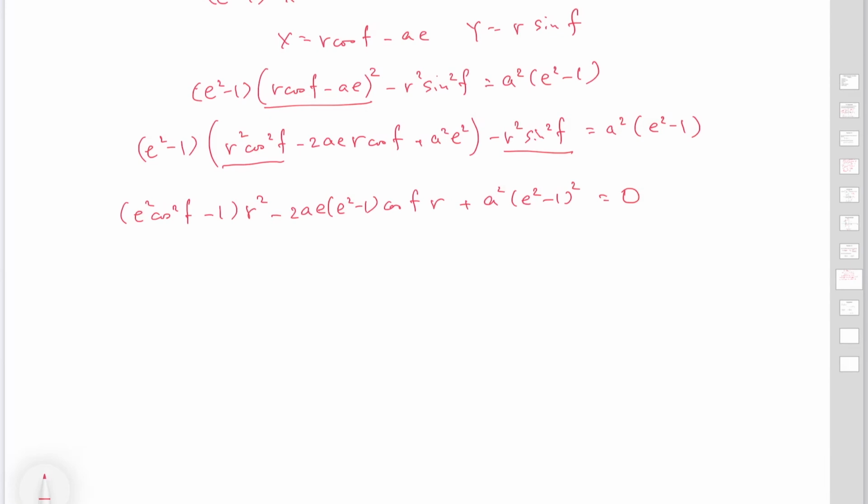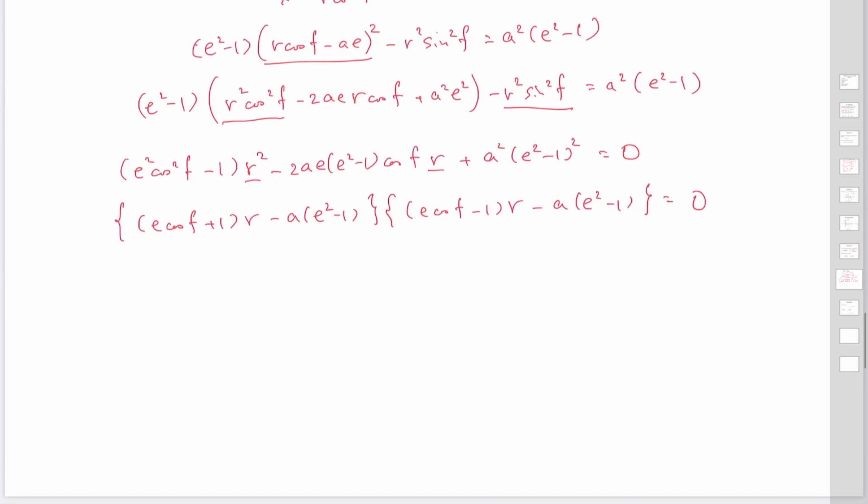Then we can consider this as the equation for r. Then it becomes (e cosine f plus 1) r minus a (e squared minus 1), times (e cosine f minus 1) r minus a (e squared minus 1), equals 0.